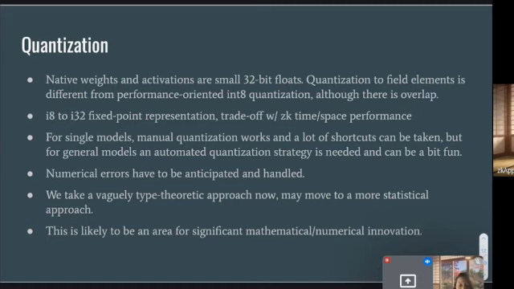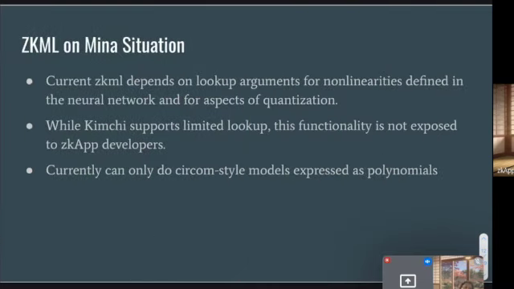All we have to work with are the field elements. You can do that quantization work manually for single models with a lot of shortcuts, but we can also work with general models using an automated strategy. There are numerical issues where you have to correct for tolerance and numerical problems because of the quantization, and there's a lot of neat work to do there.